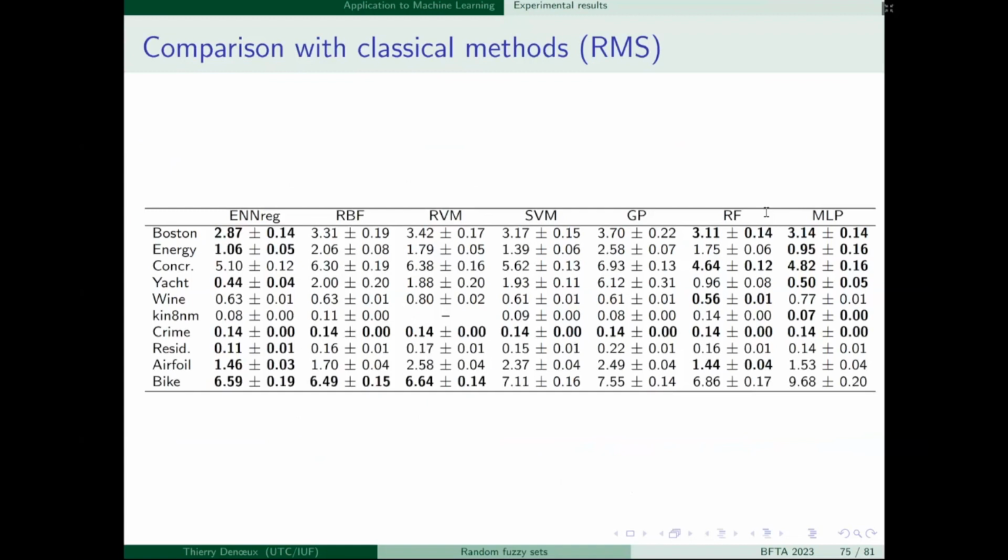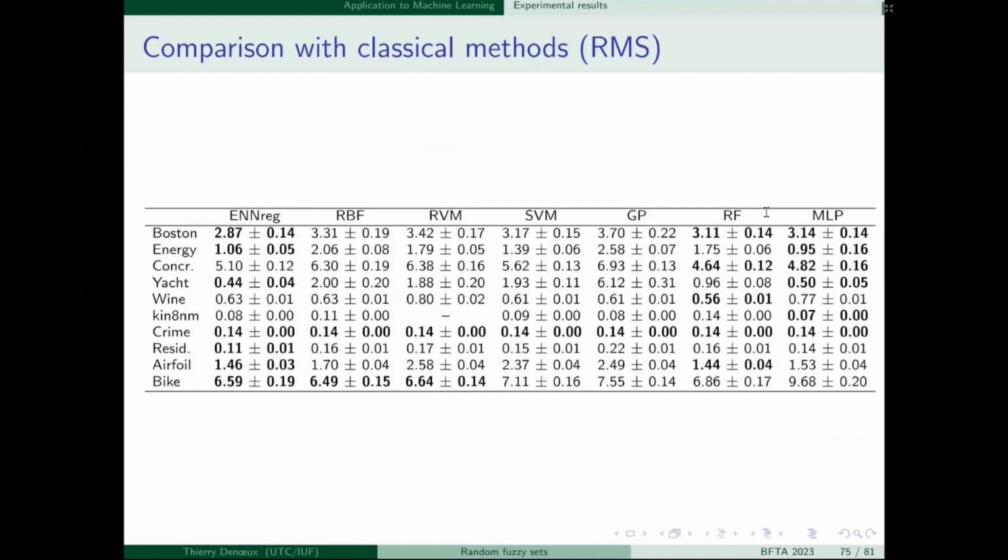This is the model I just described, a radial basis function network, relevance vector machine, support vector machine, Gaussian process regression, random forest, and a multi-layer perceptron. The best result is shown in bold, as are results not significantly different from the best. You see it almost always gives either the best result or a result equivalent to the best.